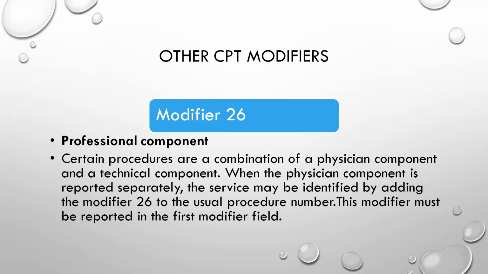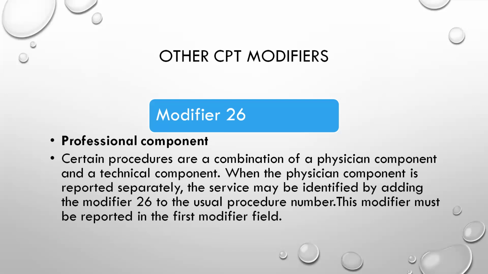But there are other procedures out there that do not distinctly define professional component only or technical component only, which means those procedures require the appropriate modifier for what your provider performed.